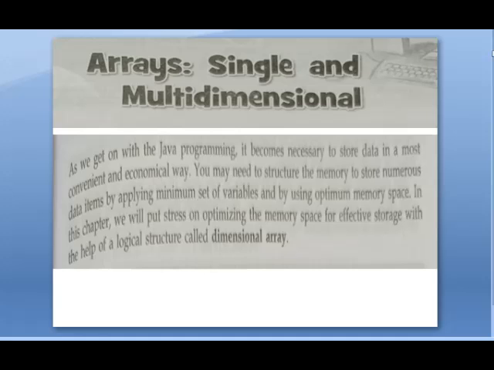You may need to structure the memory to store numerous data items by applying a minimum set of values and by using optimum memory space. In this chapter, we will put stress on optimizing the memory space for effective storage with the help of a logical structure called a dimensional array.